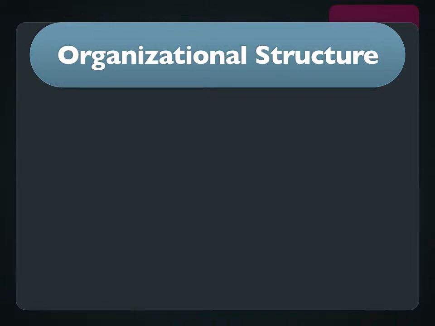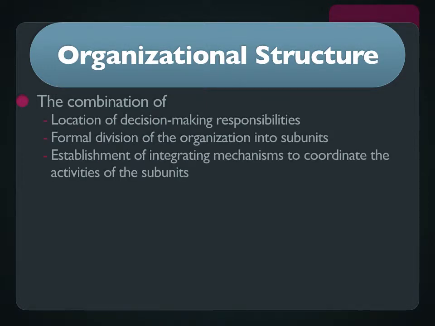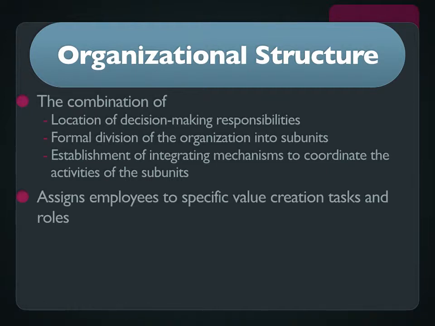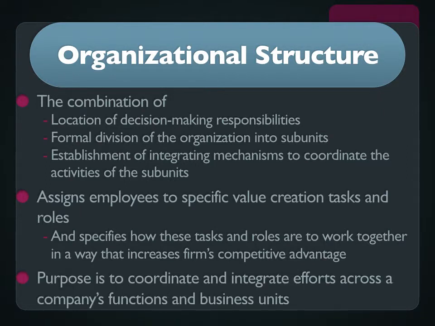Let's start with organizational structure, which is the combination of the location of decision-making responsibility, the formal division of the organization into subunits, and the establishment of integrating mechanisms to coordinate the activities of the subunits. And so organizational structure, we can understand as assigning employees to specific value creation tasks and roles, and specifying how these tasks and roles are to work together in a way that increases a firm's competitive advantage.